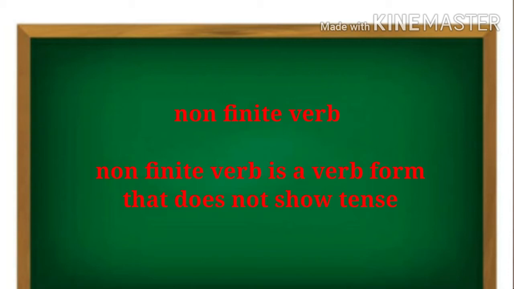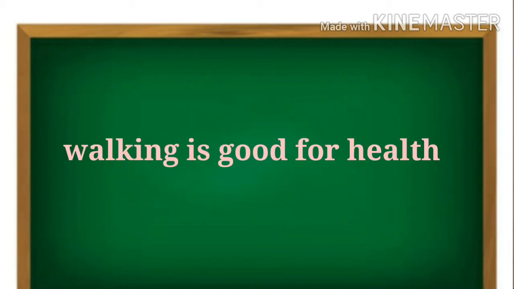By seeing these, we cannot understand which tense the sentence belongs to, right? We cannot say it is past tense, present tense, or future tense, looking at a non-finite verb. Let's see an example. Walking is good for health. So here the word walking is a form of verb, right? By looking at that form of verb, walking, we can never say which tense it belongs to, right?